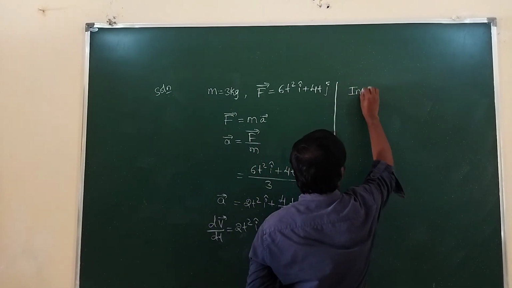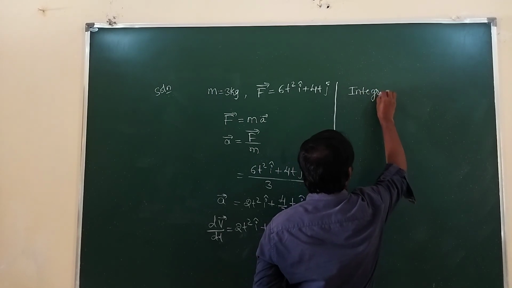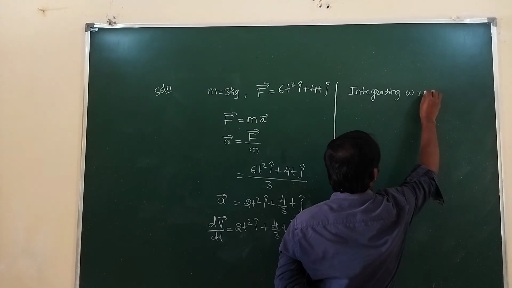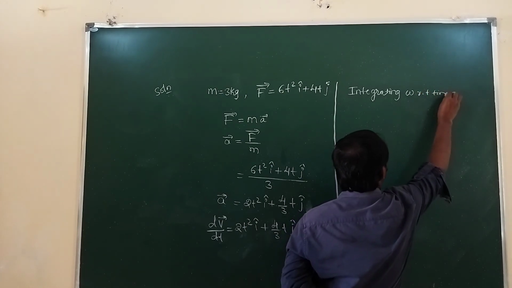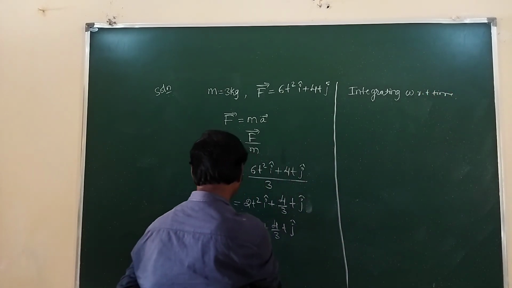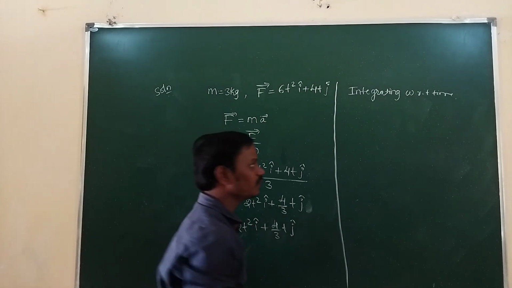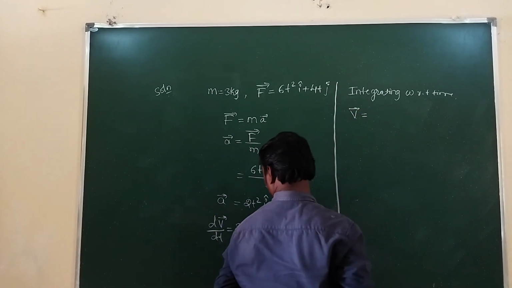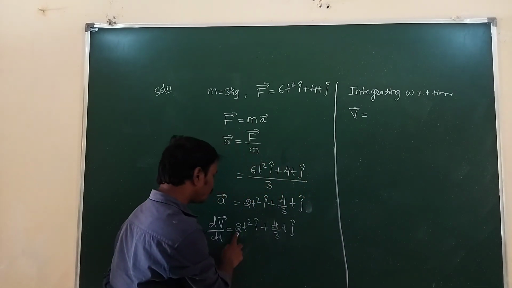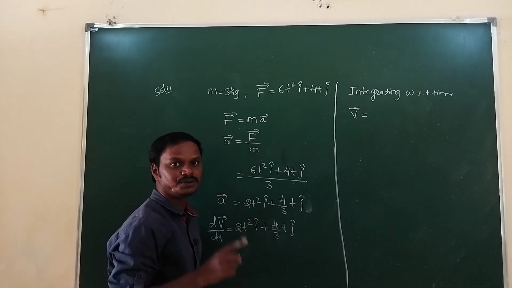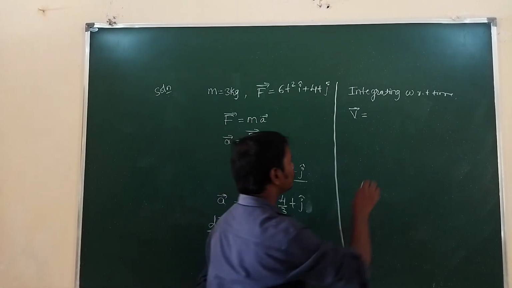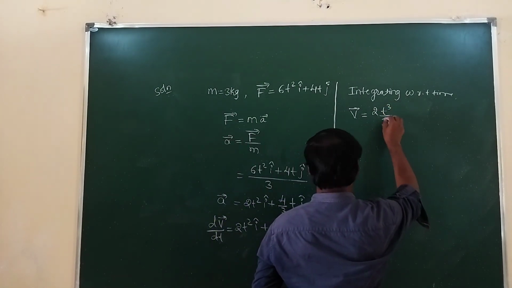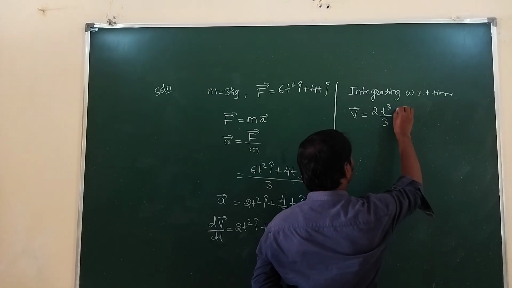Integrating with respect to time. Then integration of dv by dt with respect to t is v. Then that is equal to the integration of 2t square with respect to t, that is 2t cube by 3 into unit vector I cap.